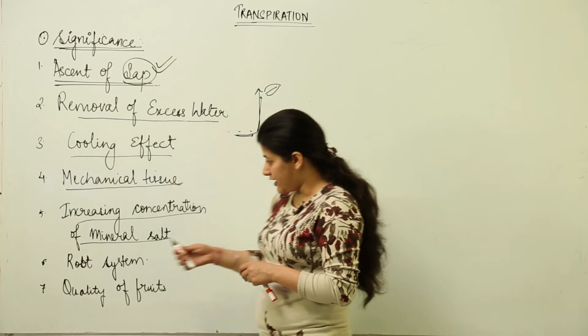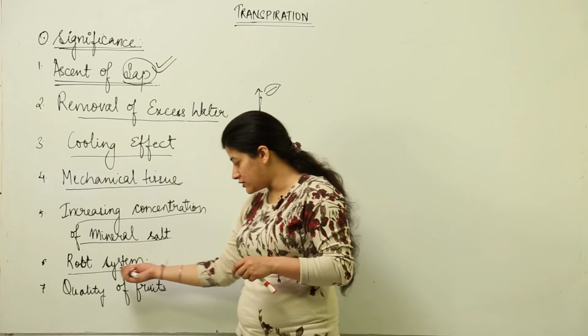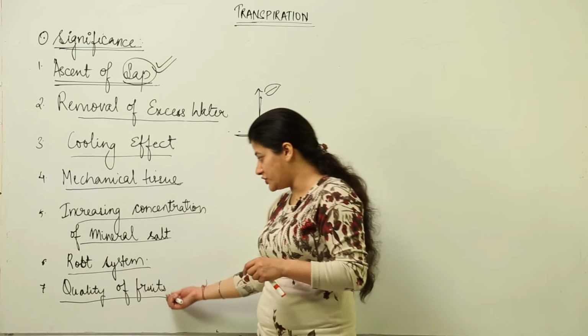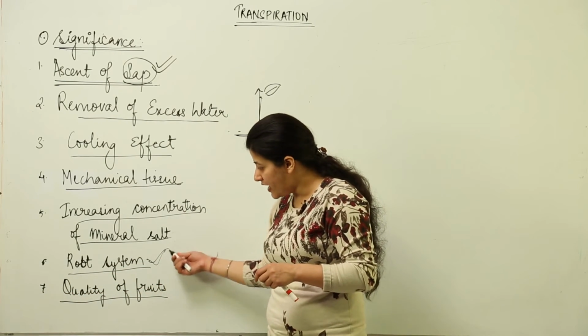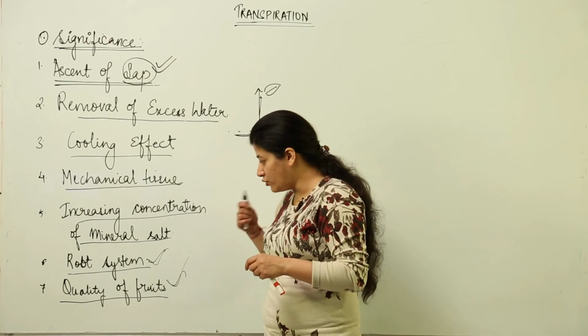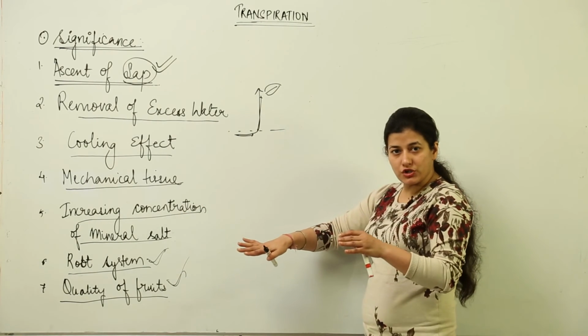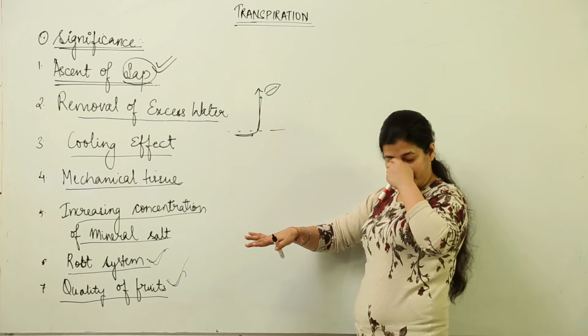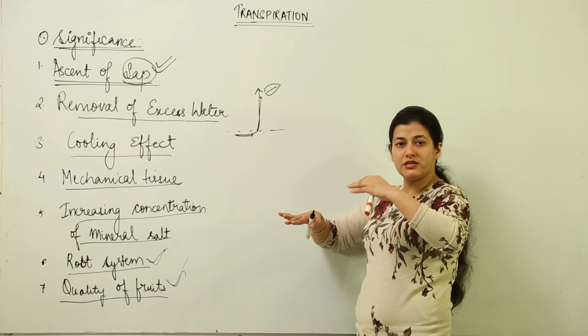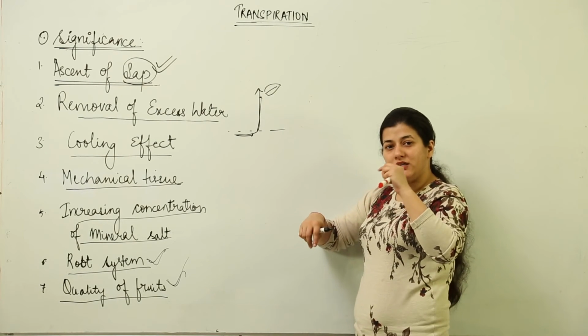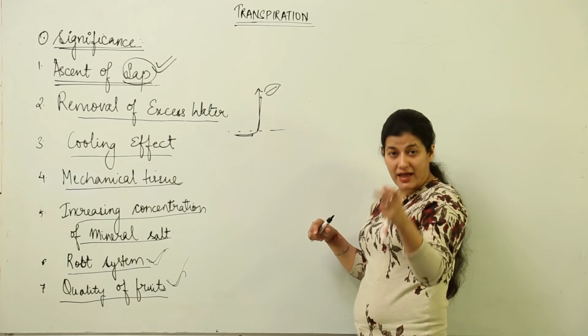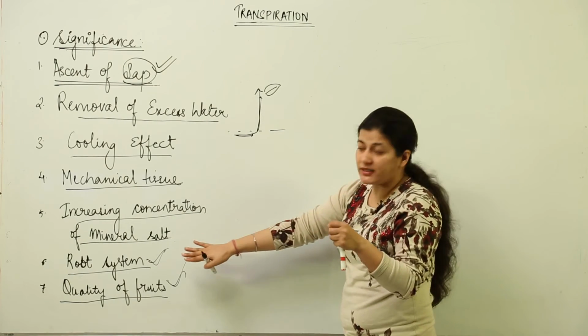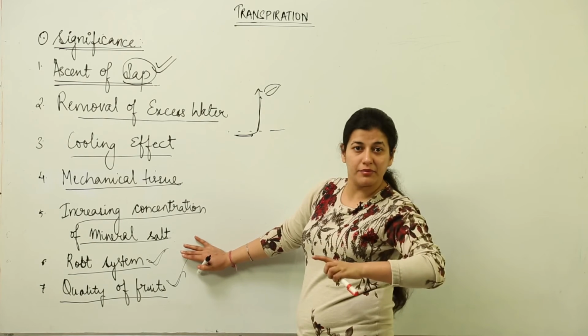Then we have the last two significant aspects of transpiration, which take into account the root system and the quality of fruits. If the rate of transpiration is higher for the plant, it is certain that the root system is going to develop properly.